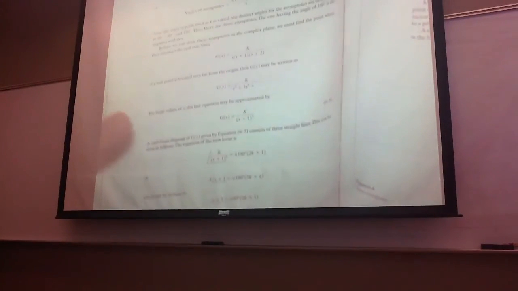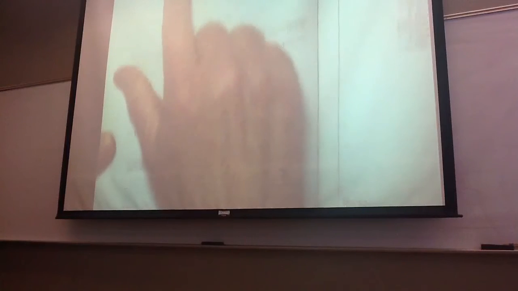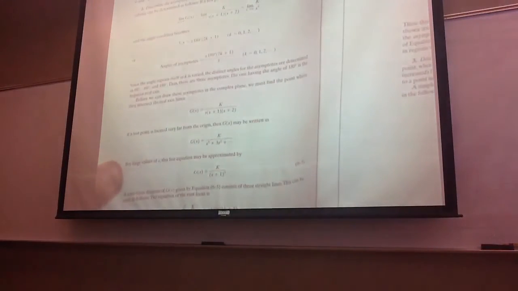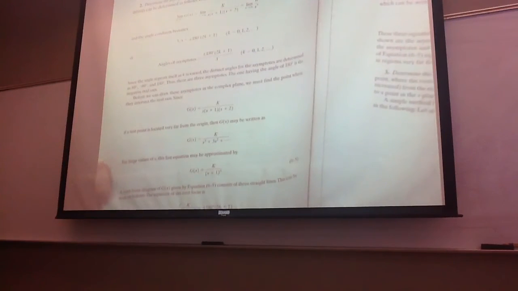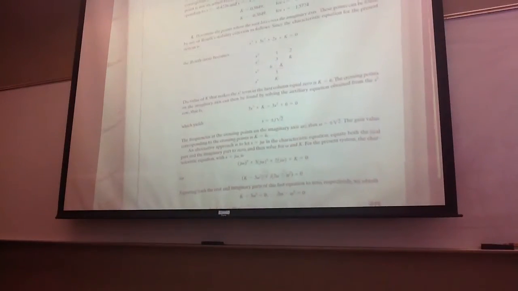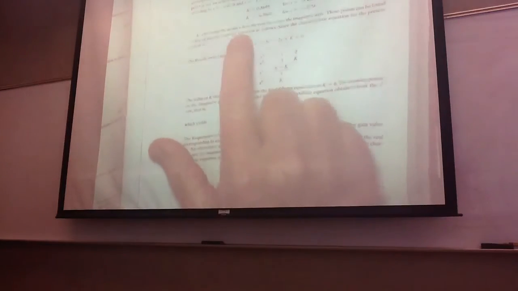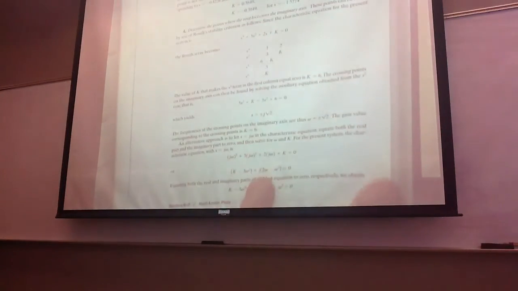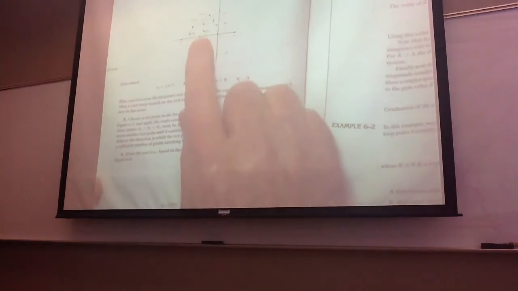It talks about determining the asymptotes of the root loci. Loci is the plural of locus. You'll actually have 2 roots, so you'll have 2 curves. For the root locus, it's actually root loci, but nobody ever said that. Then determine the breakaway point. Then determine the points where the root loci cross the imaginary axis. And then you do this thing here.